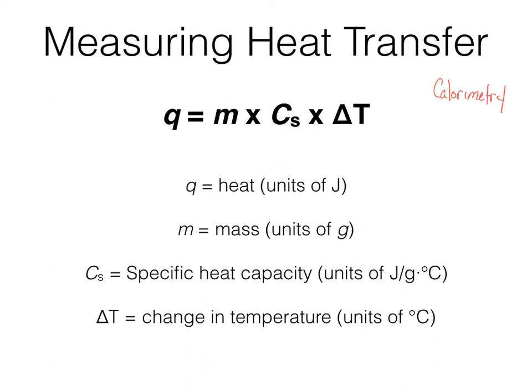And the formula for calorimetry is given as Q, heat, is equal to the mass of the species, the system, times the specific heat, times the change in temperature.